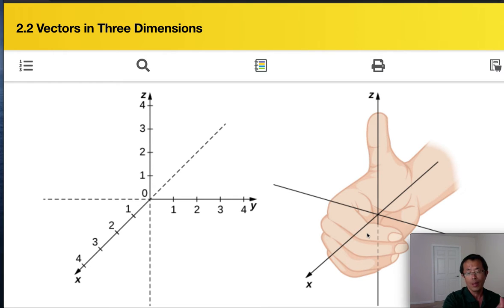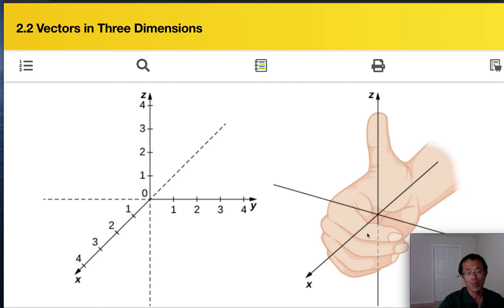Let me show my right hand here. Actually, this is the way. Use your fingers pointing to the x-axis, and then fold the fingers to the y-axis. In that case, your thumb must be pointing upward, and the thumb is pointing in the direction of the z-axis.